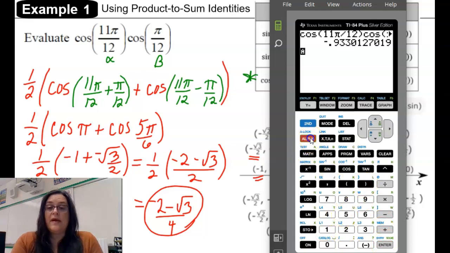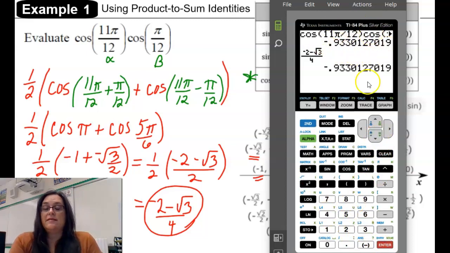And then we're going to compare that decimal to our answer, -2 minus the square root of 3 all divided by 4. And you'll see that the decimals are equivalent, so we know that our answer checks and is correct.